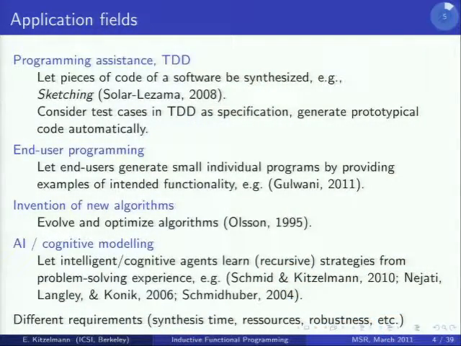So that was a simple example, and what might that be good for? There are different fields where inductive program synthesis can be or could be applied. For instance, it could be used to assist programmers in software development. In the sketching framework, the programmer does not give a complete program, but provides a program sketch, a program with holes in it, which have to be filled with concrete code.